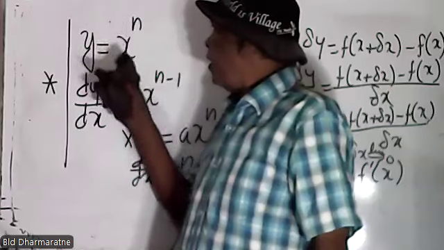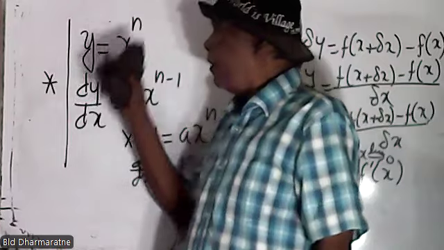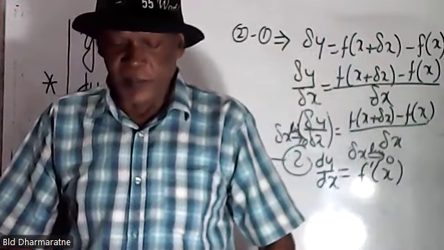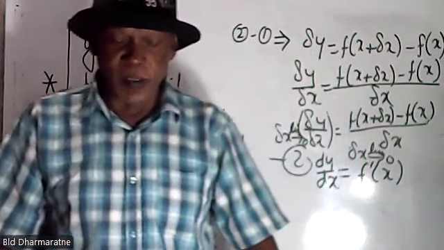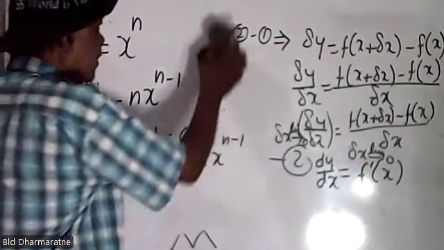This is the x value, this is the y value, this is the power, like this. Now we have some theorems regarding these derivatives. Now we are discussing the theorem.